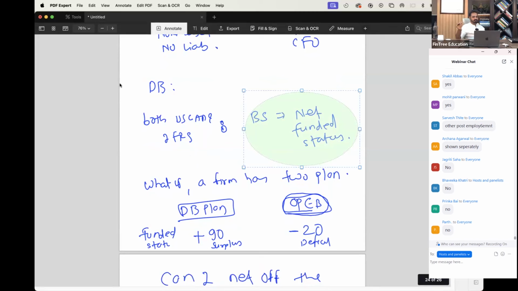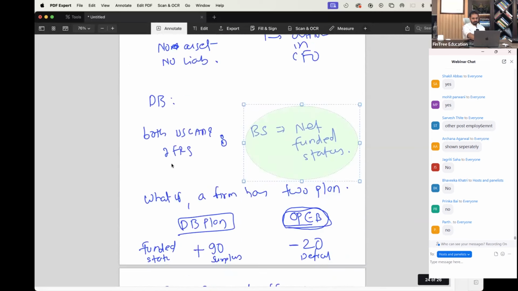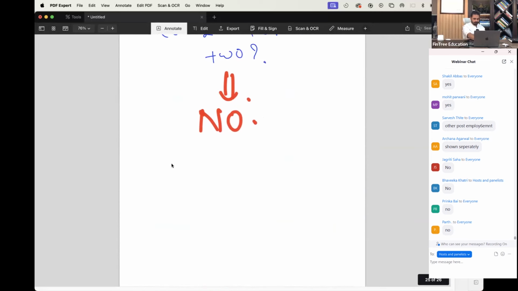Yes, no, something else. And the answer is yes, it is possible. Even for one plan, you cannot show asset and liability separately, but there are possibilities of having two different plans, one having a surplus, one having a deficit. So a company can end up having both a pension asset and a pension liability on the balance sheet. Okay, so that's one disclosure.